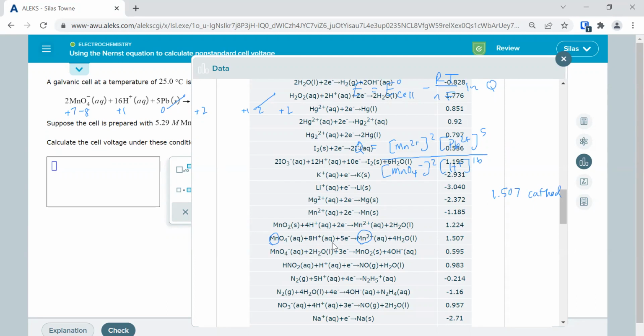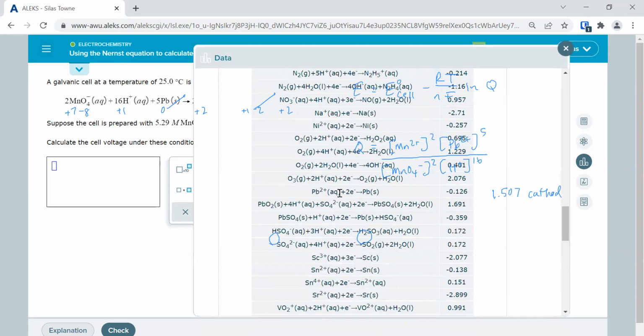Then we've got to find our lead, and there's that. So it's 0. So here's the reduction. Again, this table is always reduction. So it's going to be -0.126. And this is the anode. An ox, red cat: oxidation happens at the anode.